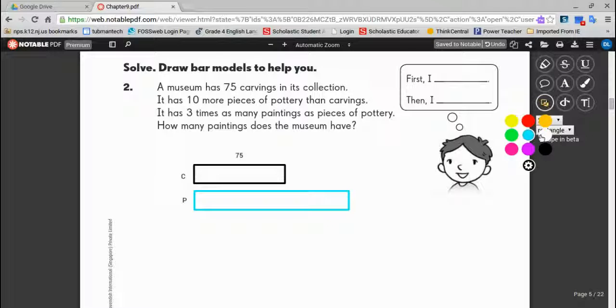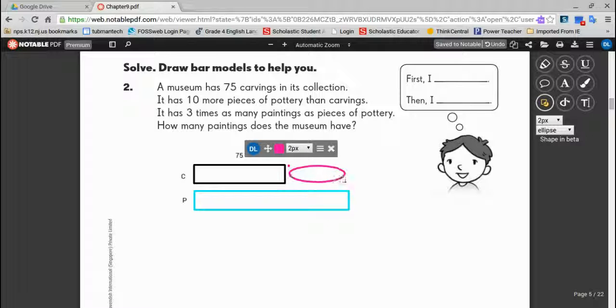And if it's 10 more, that means it's this empty space right here. Oops, and let's draw a circle actually. So it's this empty space right here. Here is the 10 more. So I don't know how much pottery I have. All I do know is that it is 10 more. So that's where the 10 belongs, right over there.